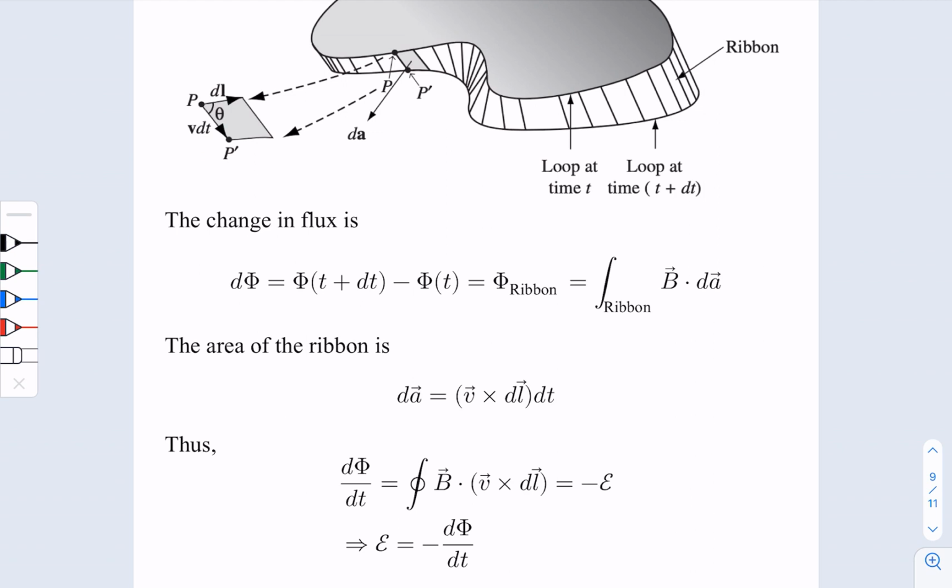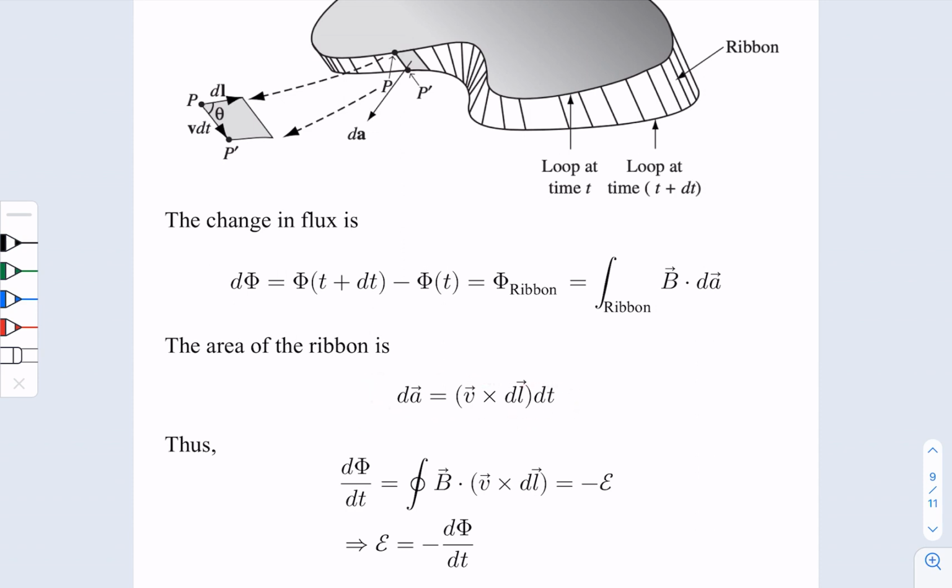We also need to integrate along this ribbon, so there is a dl. The V times dt cross dl gives you the direction of the area, which you can also express as V cross dl times dt, and that is the area.